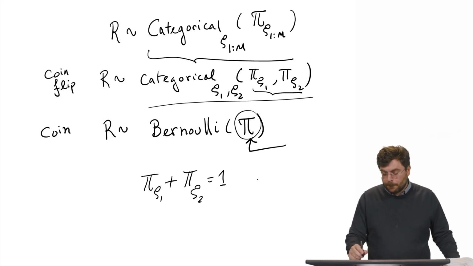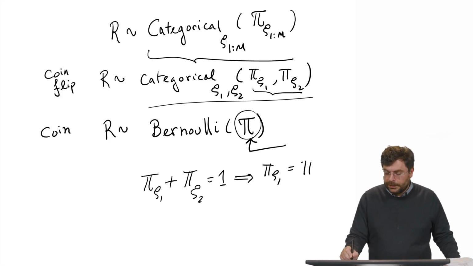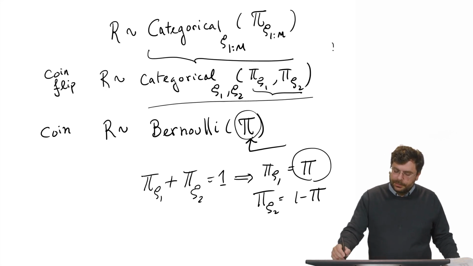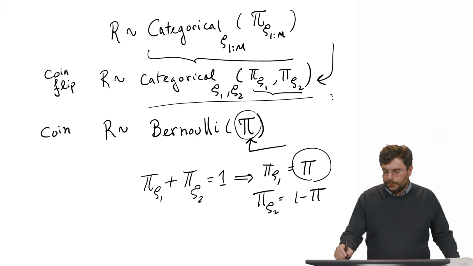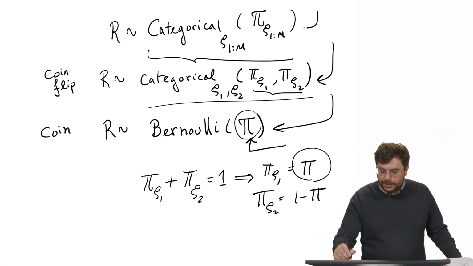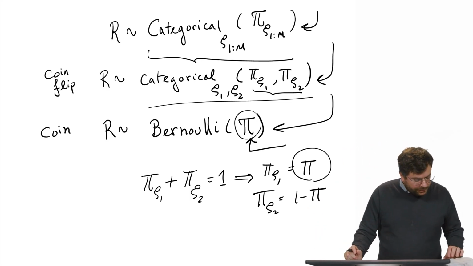Now, if that's the case, then I can refer to pi rho 1 as pi, and I can refer to pi rho 2 as 1 minus pi. So I really just have one parameter, which is why sometimes people, instead of writing it this complicated way, write it in this much simpler way in the case that you have two outcomes. Now, when you don't have two outcomes, then sort of all bets are off the table, and you typically would rewrite it in the following way.